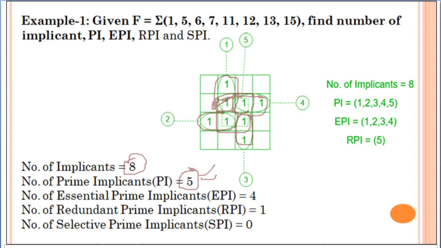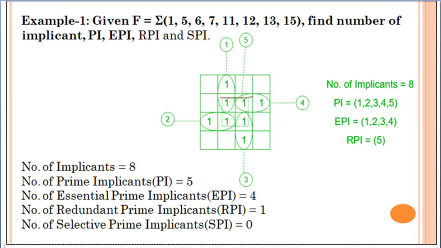Now we calculate the essential prime implicants. Firstly, we have to find the redundant prime implicant, that means the dummy group.